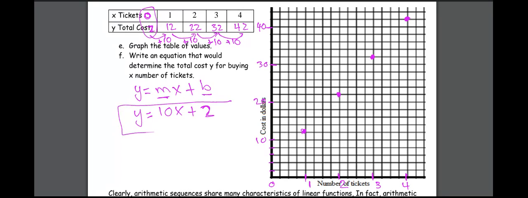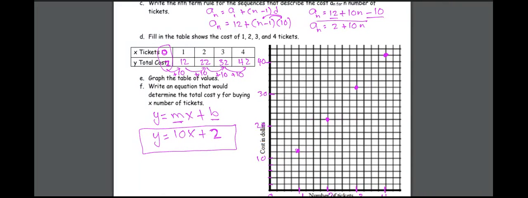So looking at the linear equation and looking at the nth term rule, I can see that the parameters are the same. The slope in the linear equation matches the common difference in the arithmetic sequence.